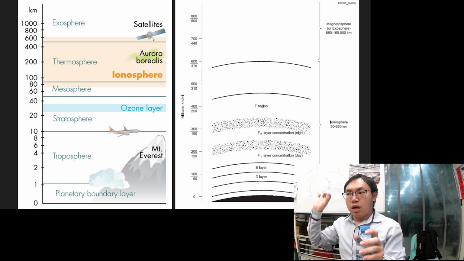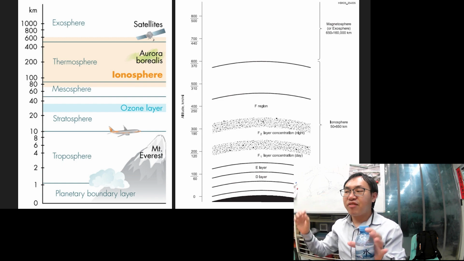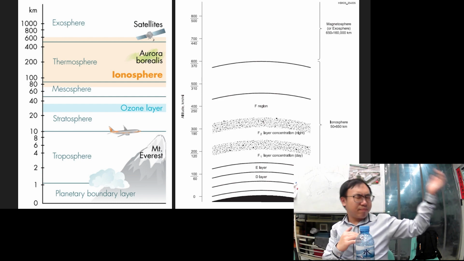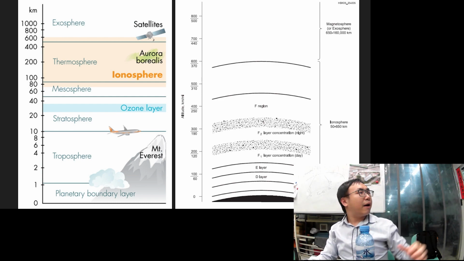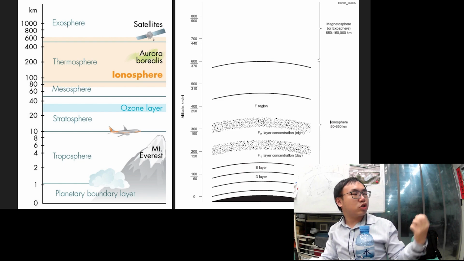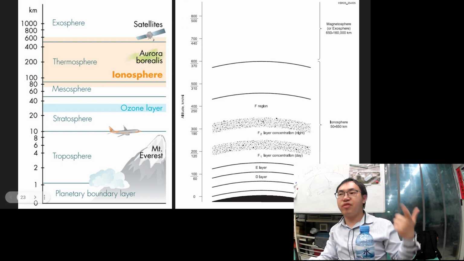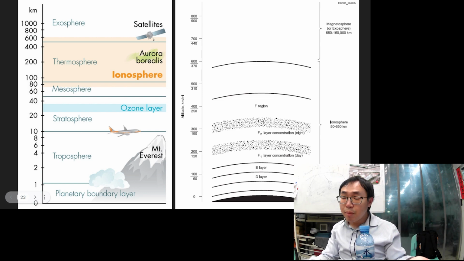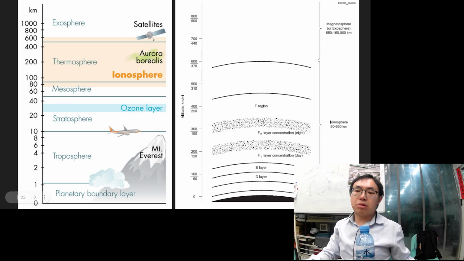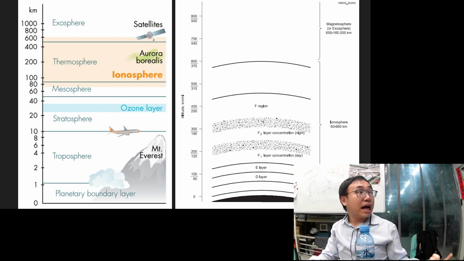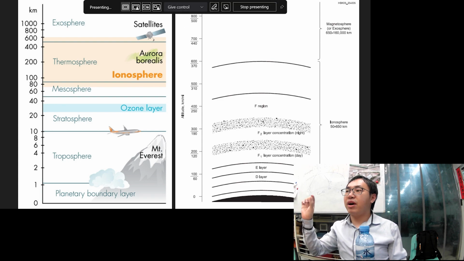Another point is that the ionosphere is not exact. If you divide the atmosphere by temperature, you have troposphere, stratosphere, mesosphere, thermosphere. But the definition of ionosphere does not lie on the temperature or the kilometers.